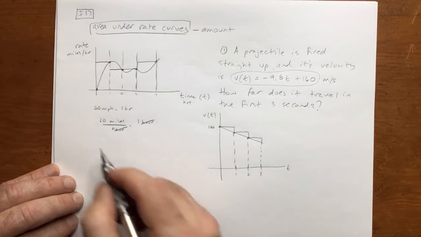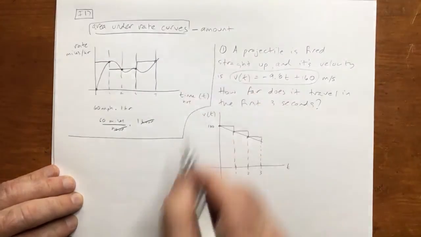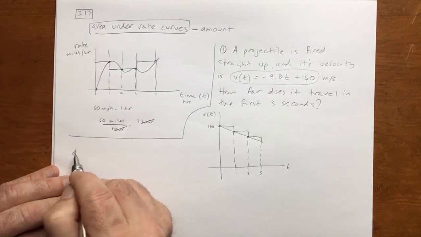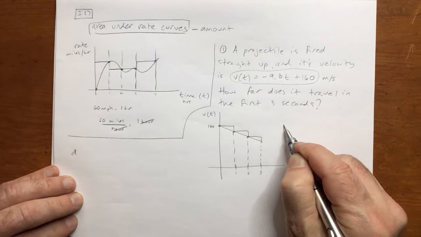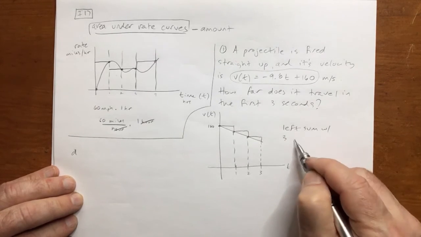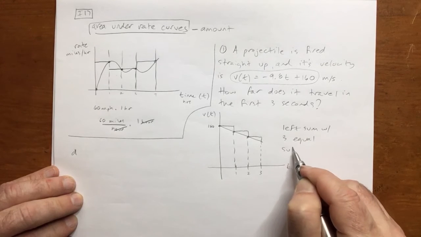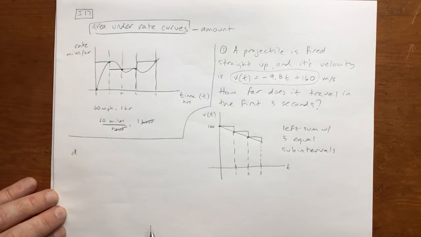So the distance. I'll do that work over here. Maybe I should record here that this is a left sum with 3 equal subintervals, so we're approximating the distance traveled.